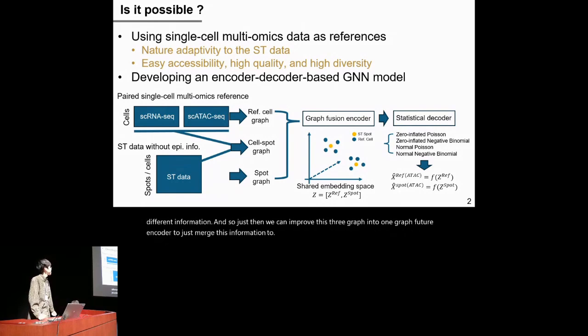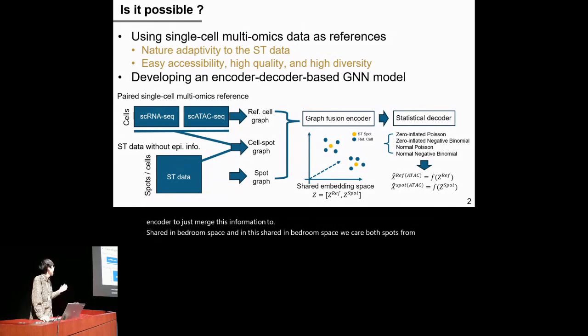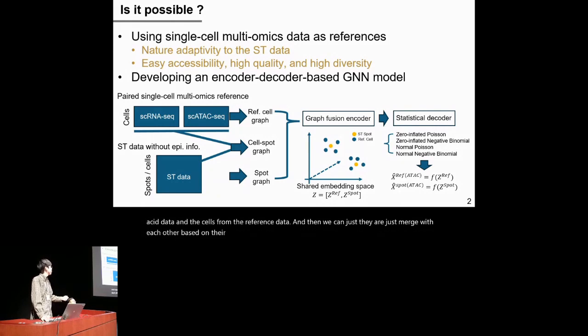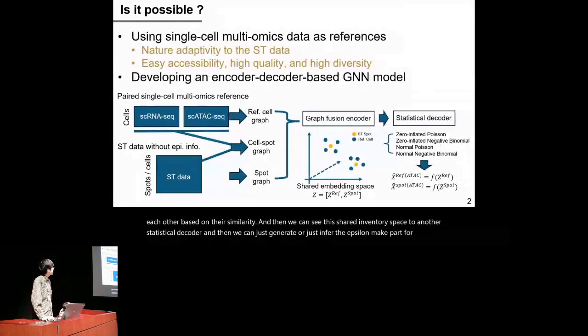In this shared embedding space, we have both spots from the ST data and the cells from the reference data, and they are merged with each other based on their similarity. Then we can feed this shared embedding space to another statistical decoder, and then we can infer the epigenomic part for this given ST data.